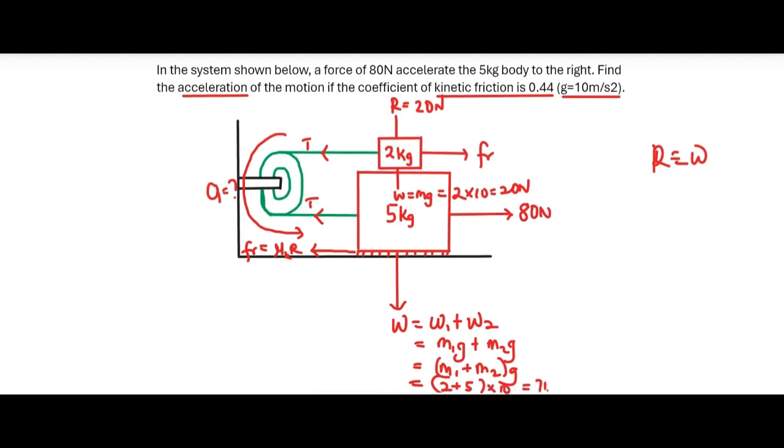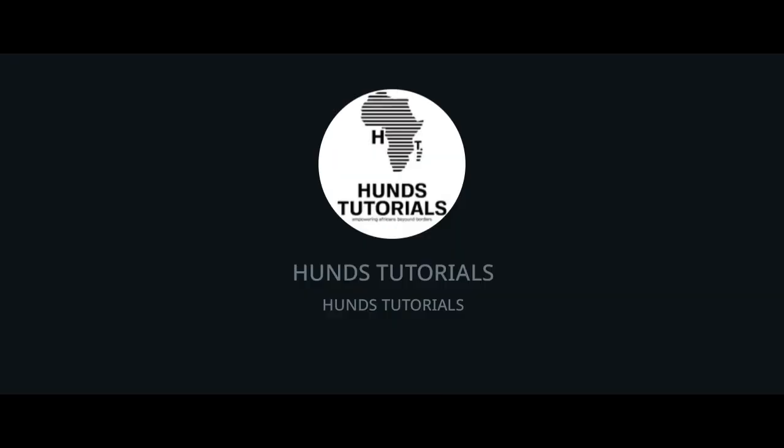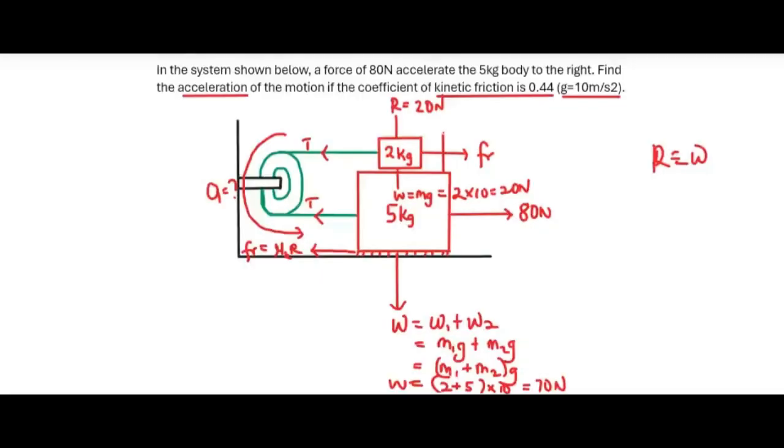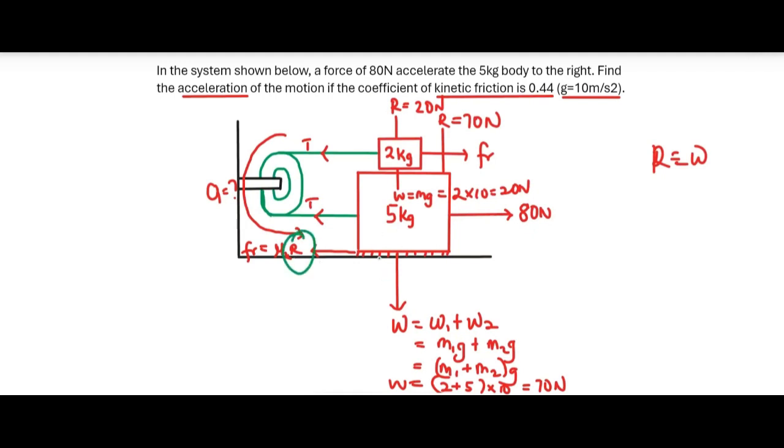So that's giving us 70 Newton. So if the weight of this body is 70 Newton, it means that the normal reaction would also be 70 Newton. Hence, the R you're expecting here is 70. Does that make sense? All right. That will not be the only frictional force existing as regards this mass, because it's also in contact with the lighter mass here.